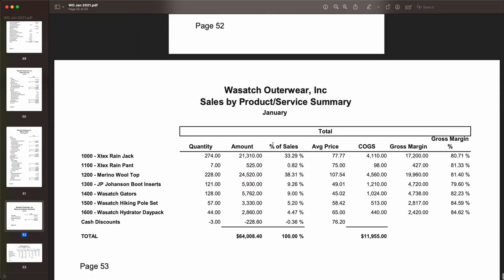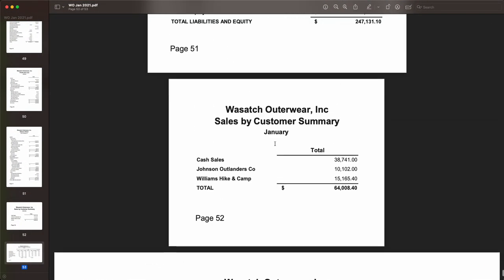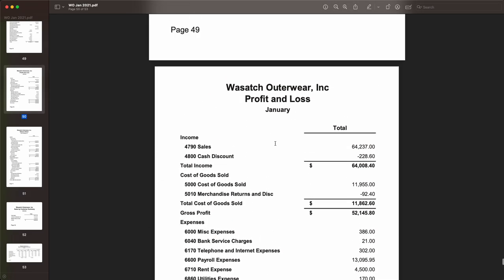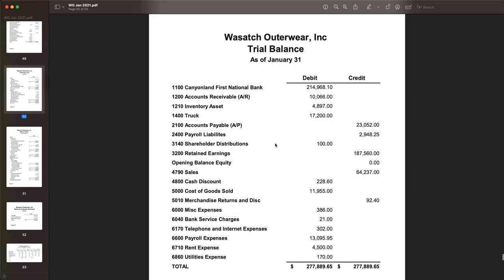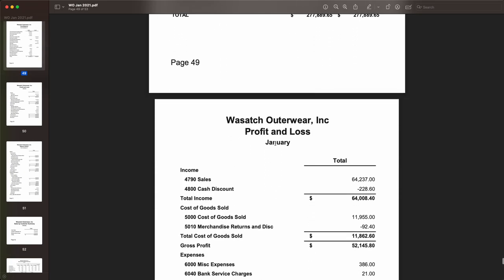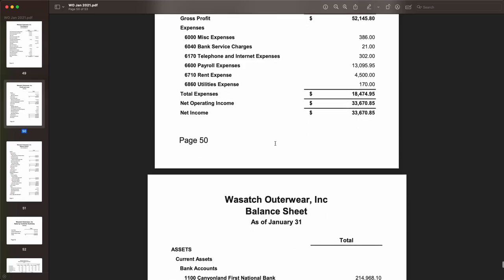So we have all the assignments here, and it seems like there's just an issue with accounts payable and inventory balances.